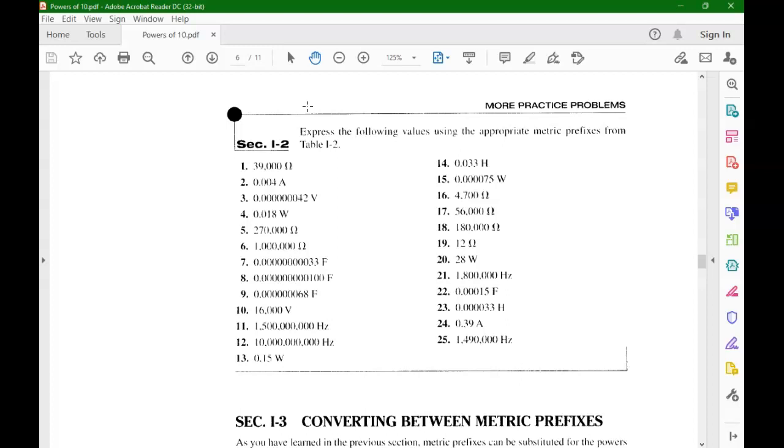So if I was to write this as 12 ohms, because it's a whole number. Whole numbers have no notation.